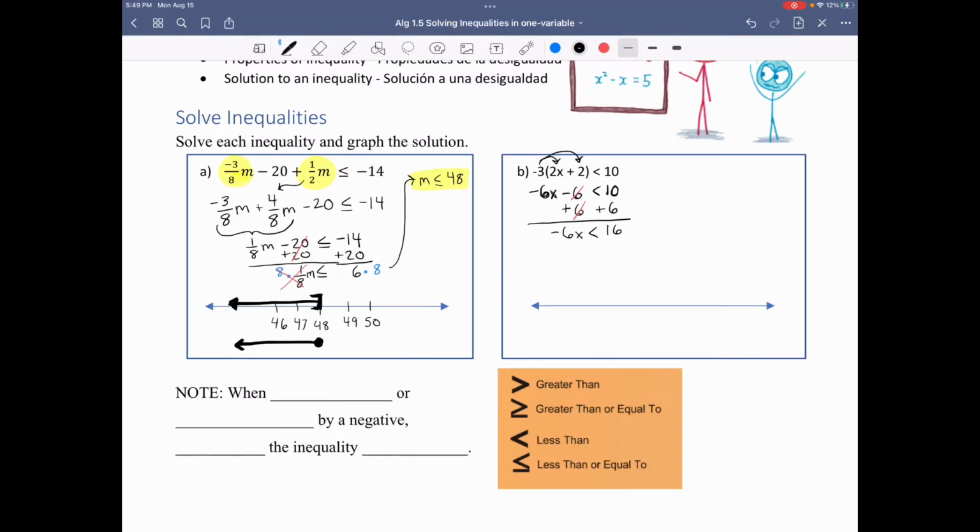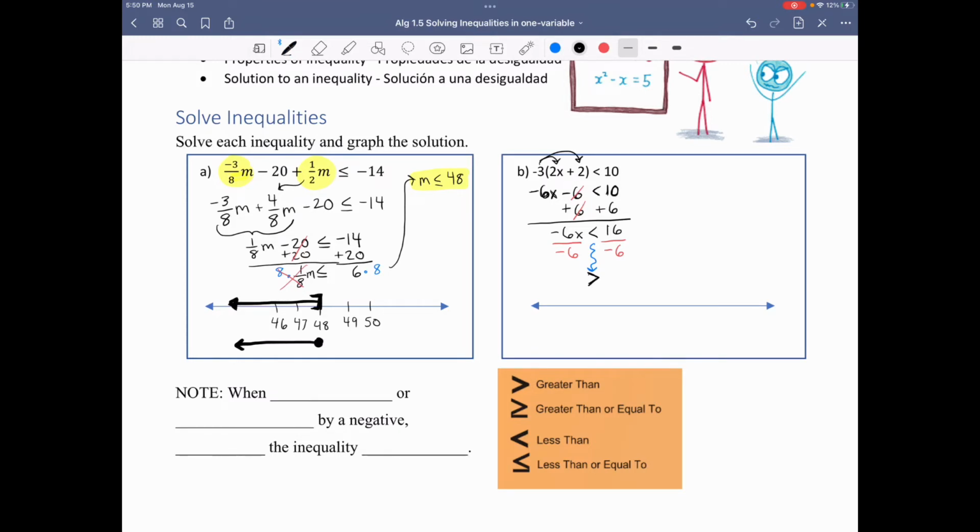We have a negative 6 over here that we need to divide by. So we divide by negative 6. There's this special rule that when you divide by a negative and you're working with inequalities, you have to flip the inequality. So the symbol is now going to be greater than.